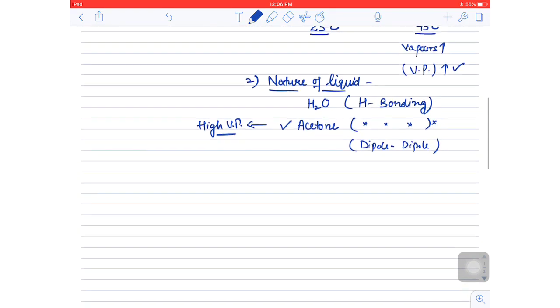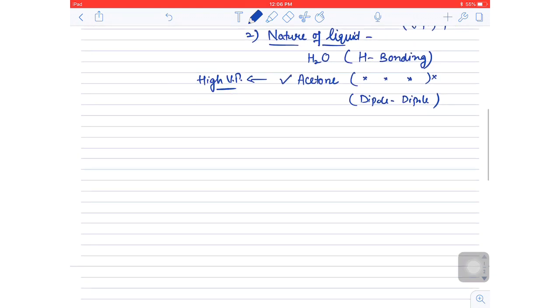Now let us try to calculate the vapor pressure of liquid solutions.